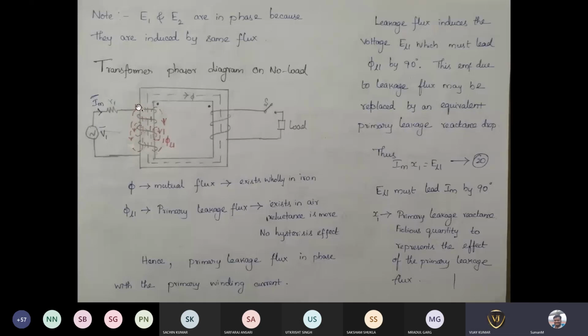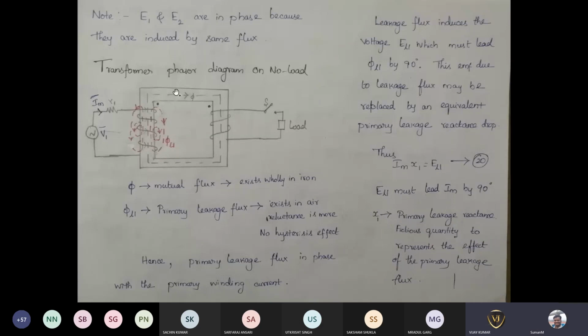Now that current is passing through the number of turns. Because of those turns, you are going to get a resultant flux. Some flux is going to link both the primary and secondary, and some flux is linking only some part of the turns in the primary. You can see here, which is represented in red color. So here the red one is linking only the primary, and that is not linking the secondary.